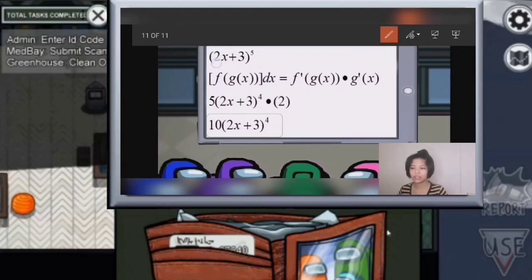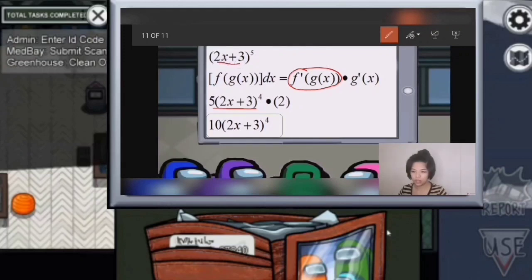So based on our formula here, let us first find the derivative of f of g of x using the power rule that we discussed during the lesson about this derivative. That would give us 5 times the quantity of 2x plus 3 to the 4th power, then times g prime of x. So our g of x here is 2x plus 3. The derivative of 2x plus 3 is 2.